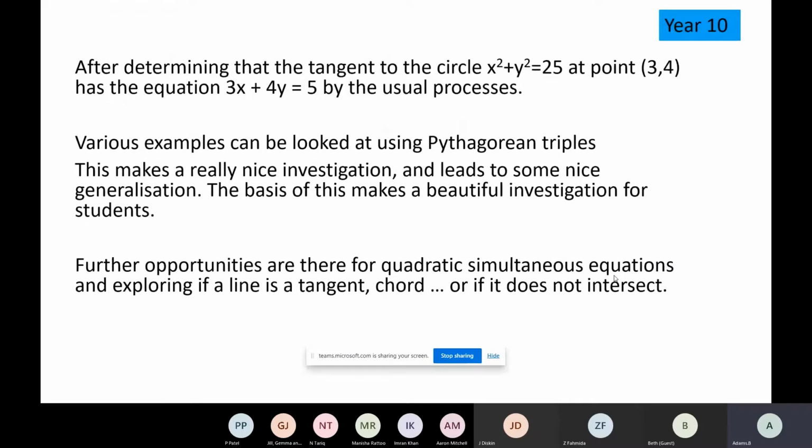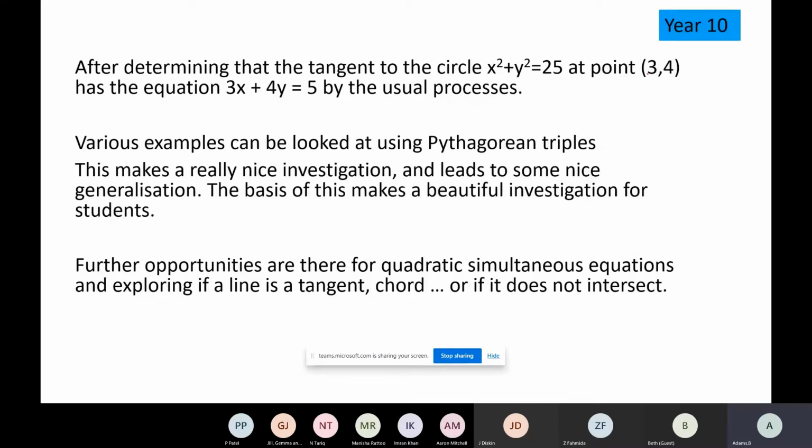Usually in year 10, we do an investigation, which again, I apologise if I'm speaking and you know of this one, but it's a really beautiful investigation. If you've got a circle that comes especially from a Pythagorean triple and a general point, so it's a 3, 4, 5, when you put those into the equation, when you find the tangent by the usual method, find the gradient of the radius, the gradient of the tangent, and then your coordinate geometry, the coefficients stand out as being the point.